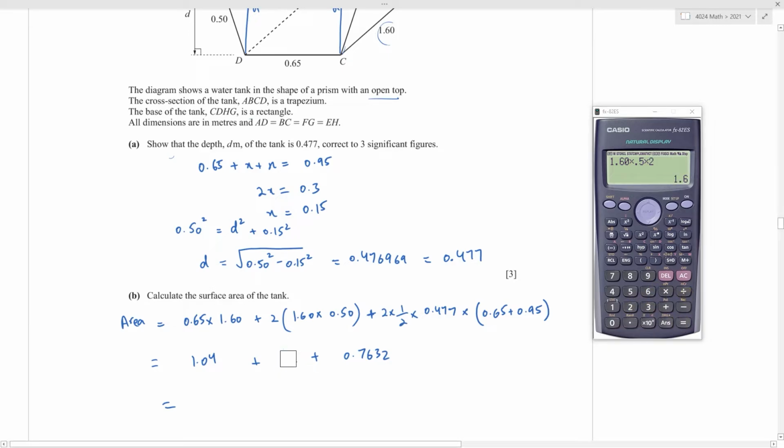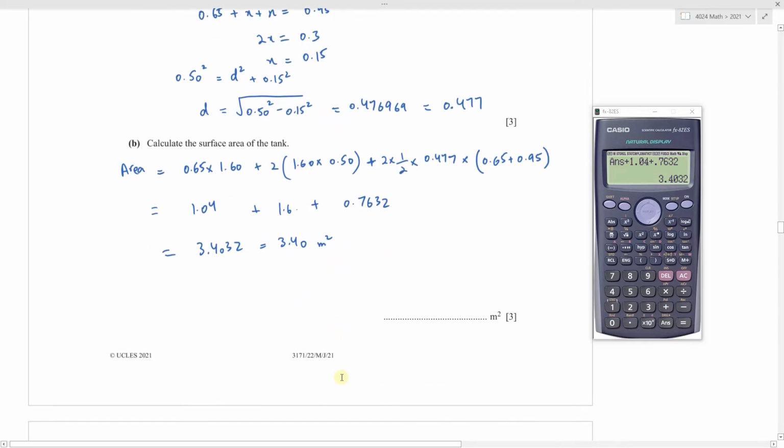This is 1.6 plus 1.04 plus 0.7632. So your area here is 3.4032, or 3.40 meters squared in three significant figures.